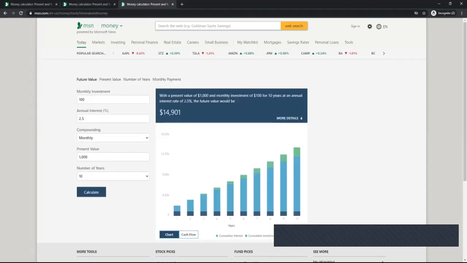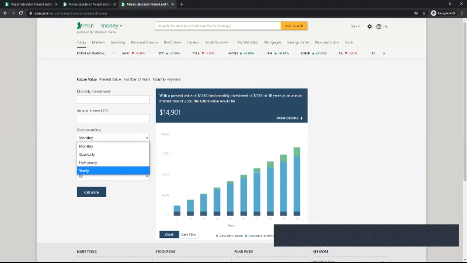All right. So this is a really good tool for financial planning. You can calculate some numbers that would help you with planning your finances, be it retirement or be it purchases. You can calculate the future value based on how much you want to invest and the compounding interest rate.